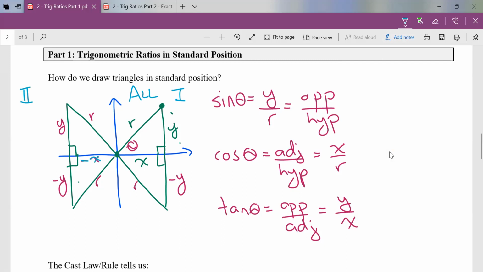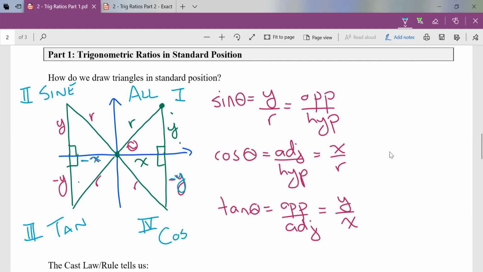That's going to make cosine and tangent negative, but sine stays positive. In quadrant 3, the only thing that would be positive is tangent, because y and x are both negative, and a negative divided by a negative is a positive. So tangent is positive in quadrant 3. If I follow the same reasoning in quadrant 4, the y value is negative, so the only thing that remains positive is cosine.